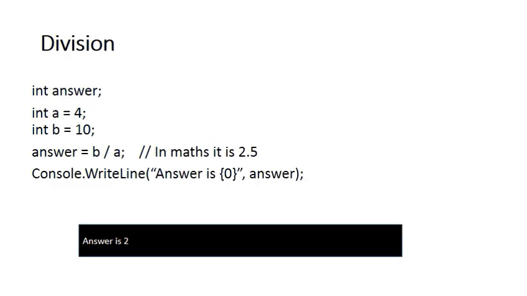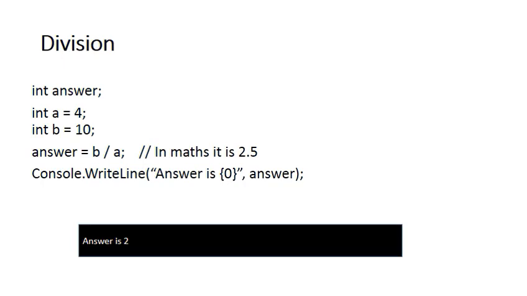In C#, the rule is if you divide an integer by an integer, so A and B are both integers, your answer must also be an integer. So although 10 divided by 4 is 2.5, to stick to that rule, what C# does is it simply throws away the 0.5 and gives the answer as 2. So 10 divided by 4, if they're both integers, will give you 2.